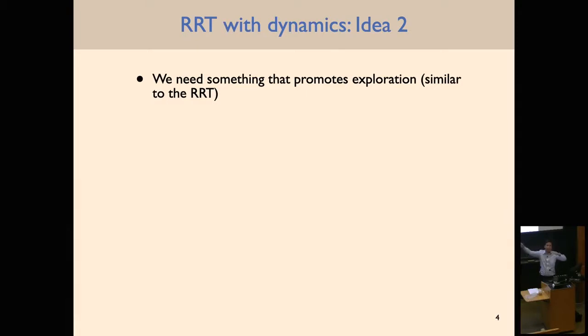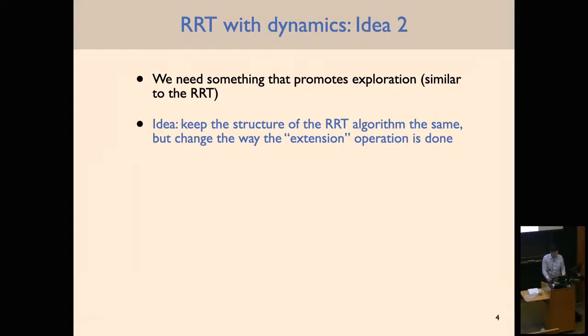So we're randomly sampling some configuration, finding the closest point in the tree, and then expanding the tree. That's like growing the horizon of the tree, the boundary of the tree, in directions that have not been explored so far.